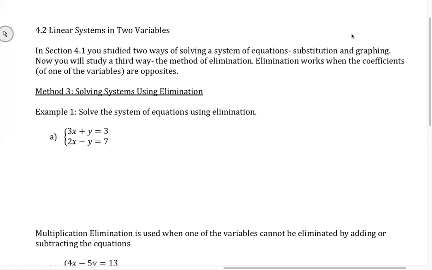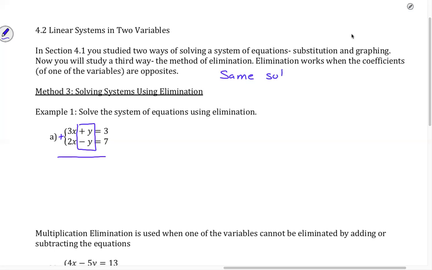Now, in order to eliminate, I can either add or subtract the equations at this point. So what I'm going to do is this. I am going to box in my y's because that's what I'm trying to get rid of. And then I'm going to add the two equations. Here's the rule I go by.